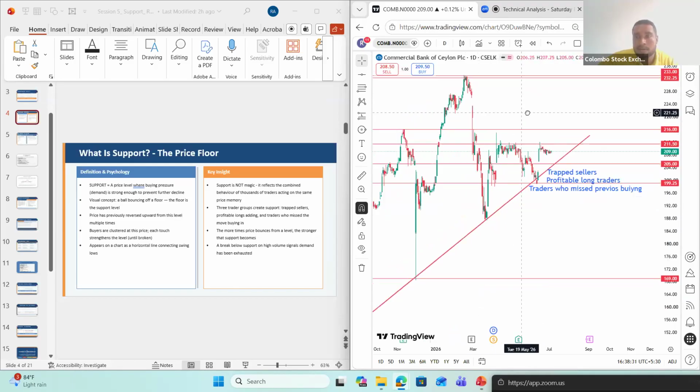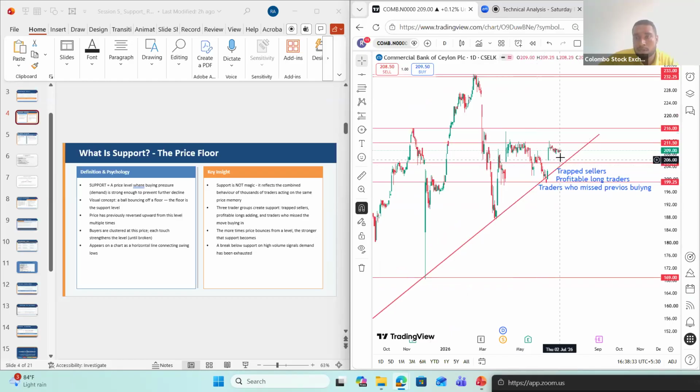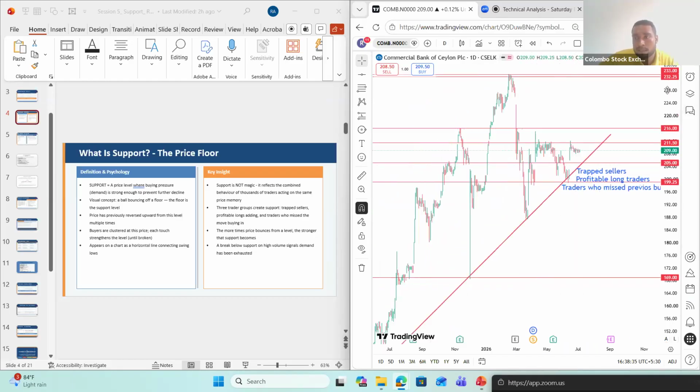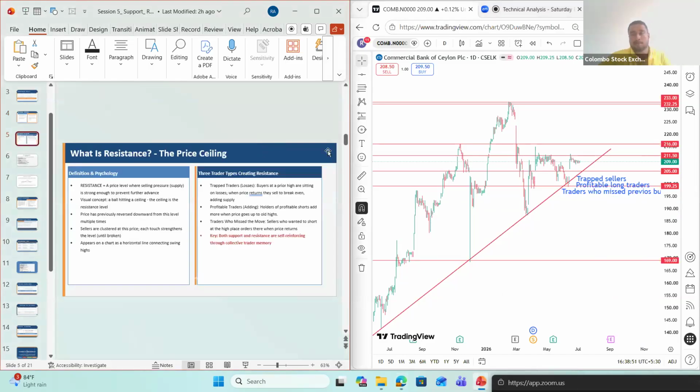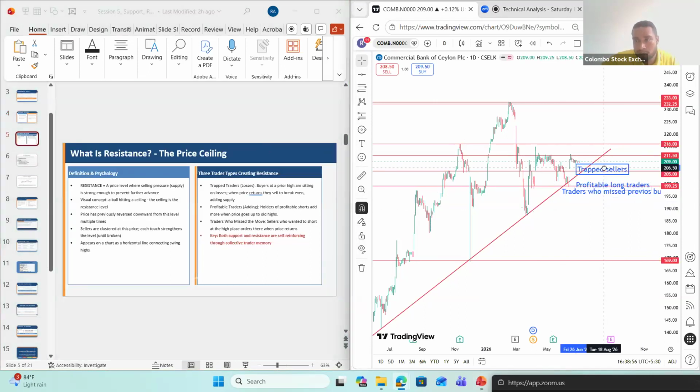There are very predictable resistance and support lines on the charts, and that's why we can actually do technical analysis, because it's predictable, right? So those are the three traders who create the support. And when it comes to resistances, that's also the same. These types of traders create the resistances as well, but the situation is different.